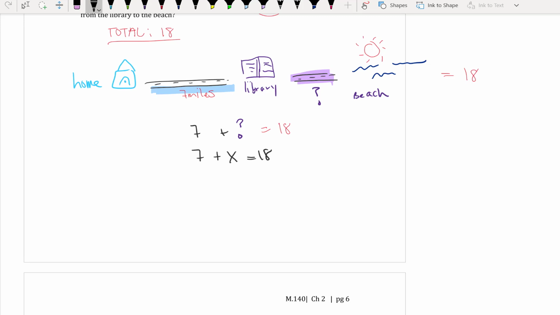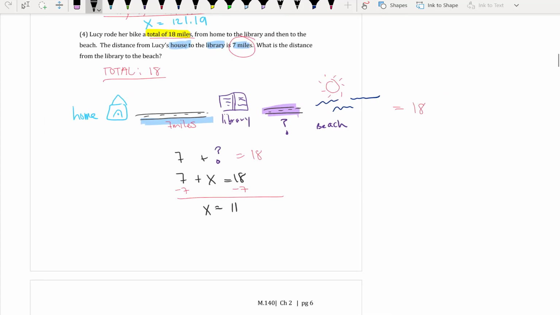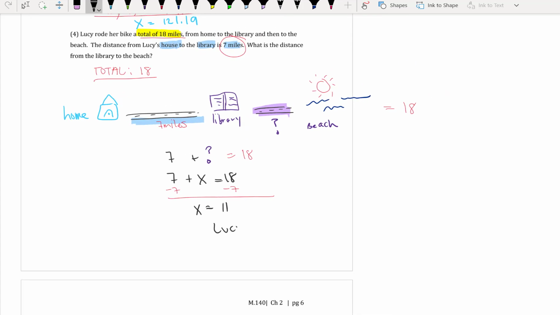So now I have a minus 7 to both sides, and I'm going to have 18 minus 7, and that's going to equal 11. So I know that she rode, and this is Lucy. We want to know the distance between the library and the beach.